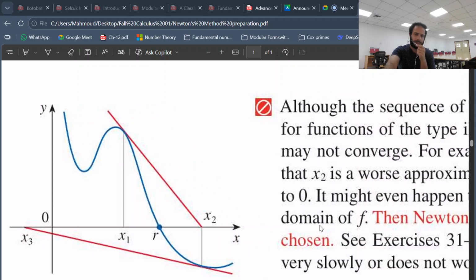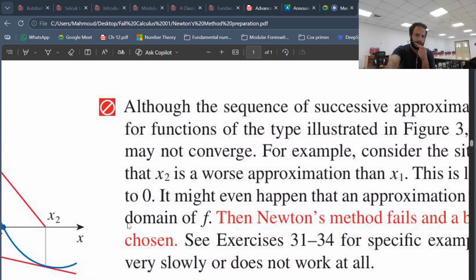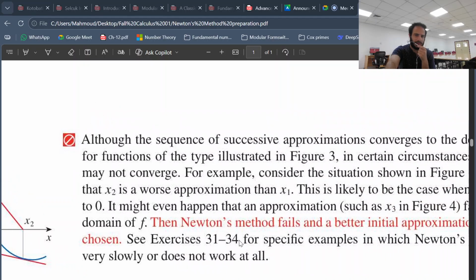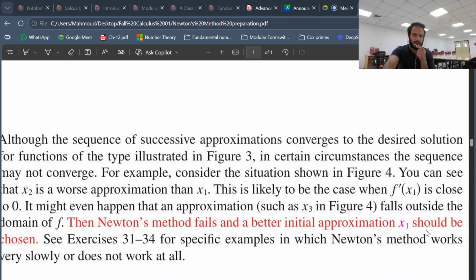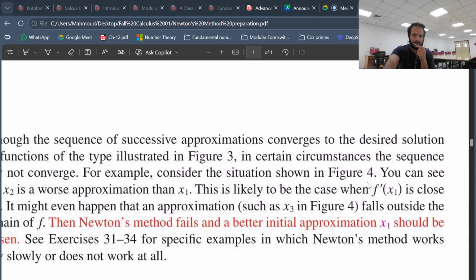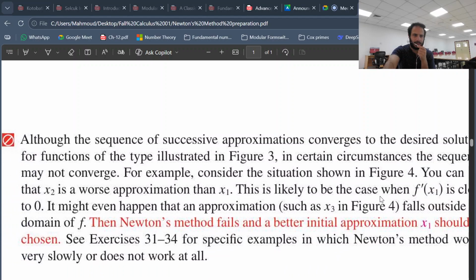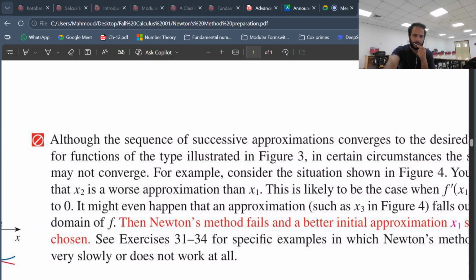But why sometimes the method will not work? See here. Here you have explanation why sometimes it's not working. Because sometimes f prime x1 is close to 0. I will show you.